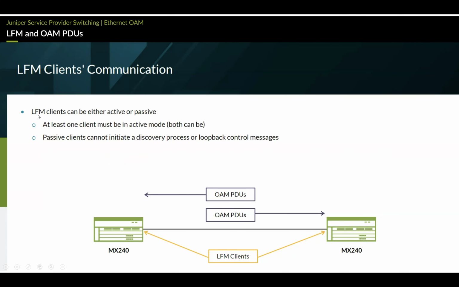LFM clients communication. LFM clients can be either active or passive. At least one client must be in active mode, or both can be in active mode. Passive clients cannot initiate the discovery process or loopback control messages. If one is in active mode and another is in passive mode, the active mode participates in the discovery process, but the passive mode doesn't.